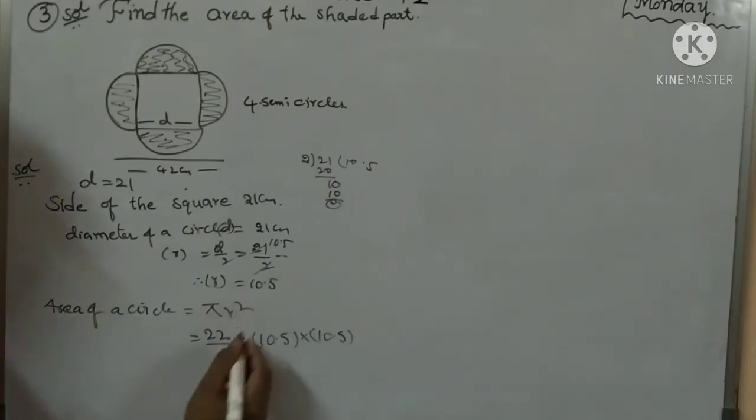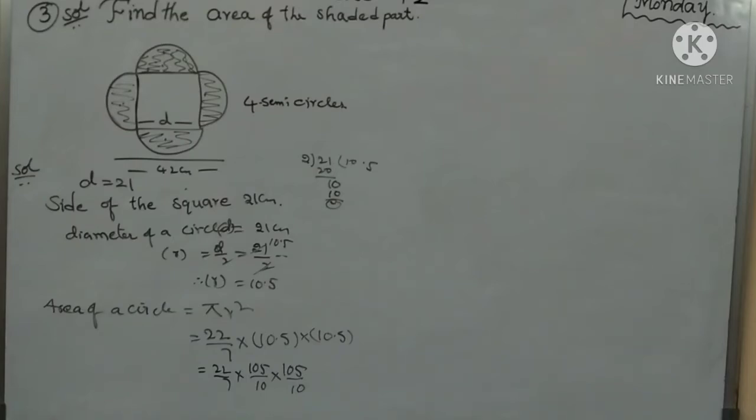Now here write 22/7 into 105/10, because here remove the point and write the divided by 10, into 105/10. So here 7 ones are 7, 5 sevens are 35. So here finally 22 into 75/10 into 105/10.